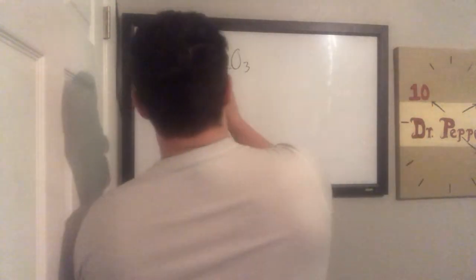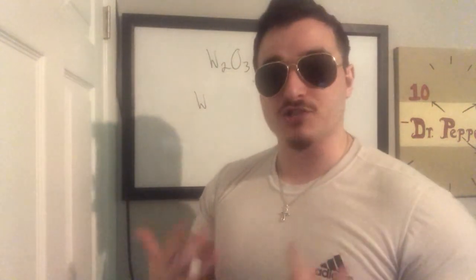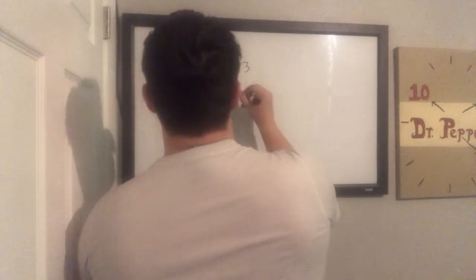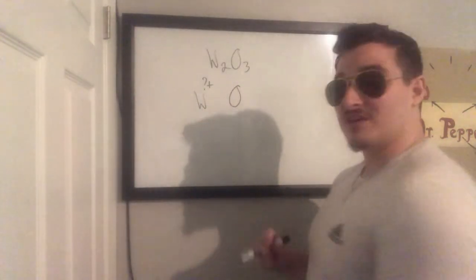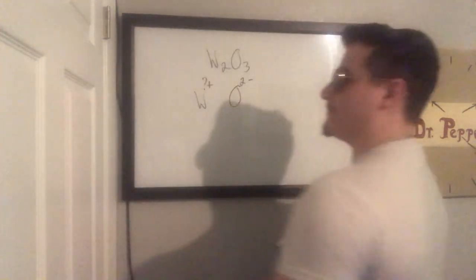So what we're going to do, since the Roman numeral is the charge of our tungsten here, tungsten is our unknown, and so I'm going to put a question mark here, but oxygen always has a charge of -2 in these compounds.